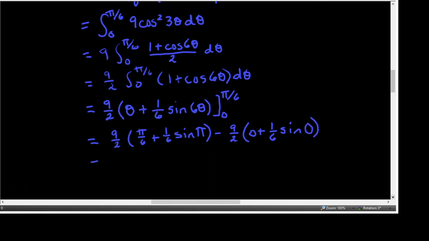Starting at the back end, both of those terms inside the second set of parentheses end up being 0. So minus 9/2 times 0, that back part is just something we can ignore.